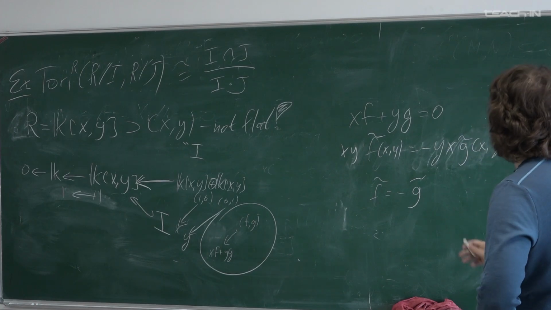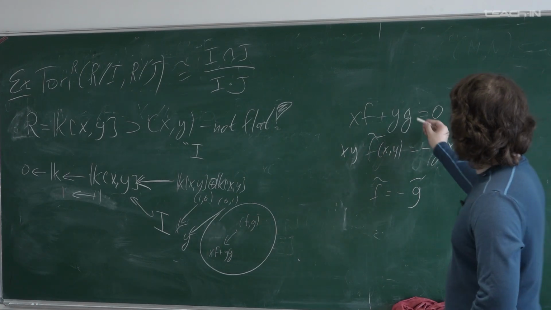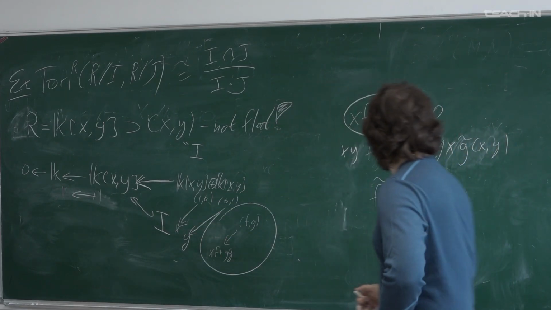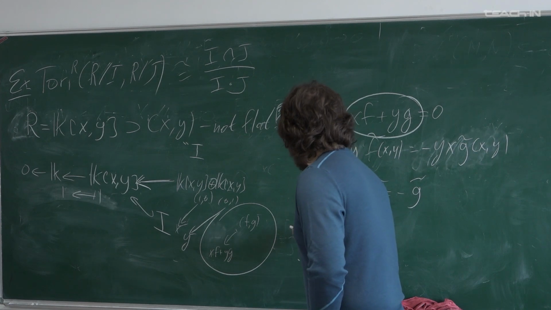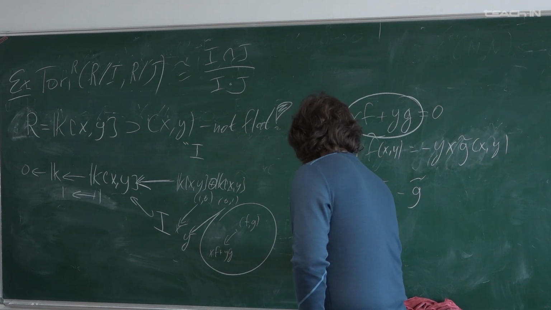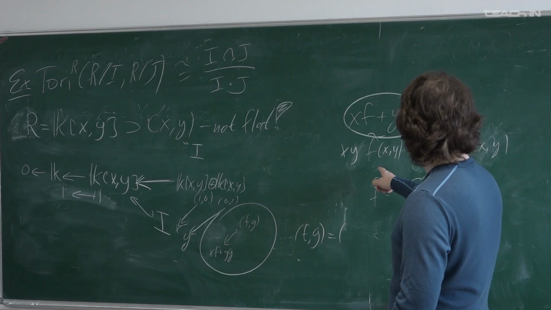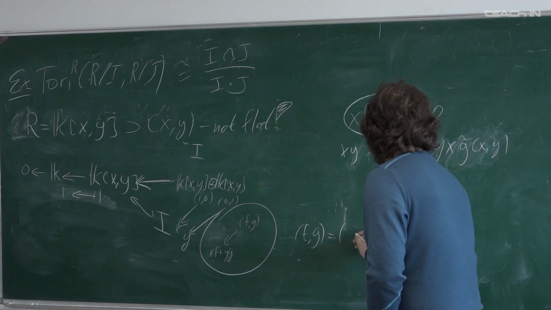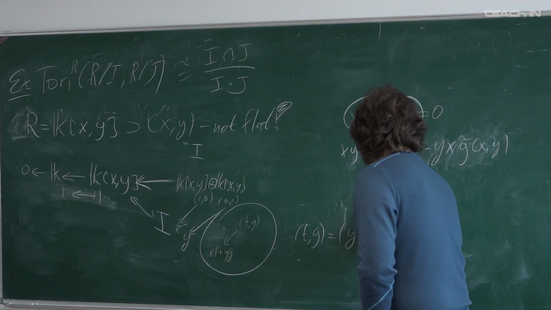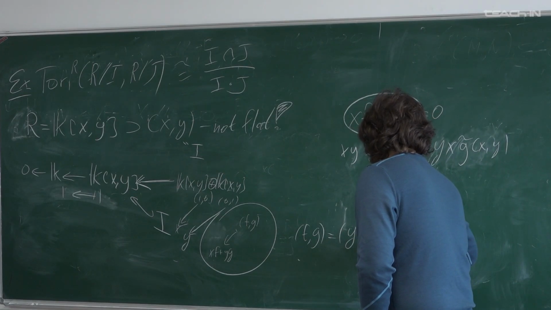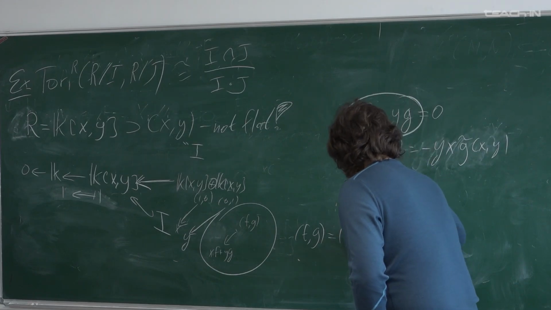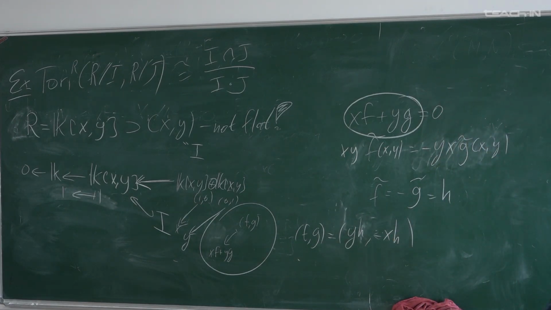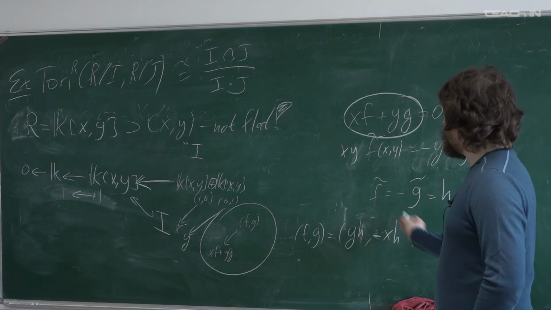So a pair from the kernel has the form (yh, minus xh), where h is one polynomial. Only such pairs go to 0.